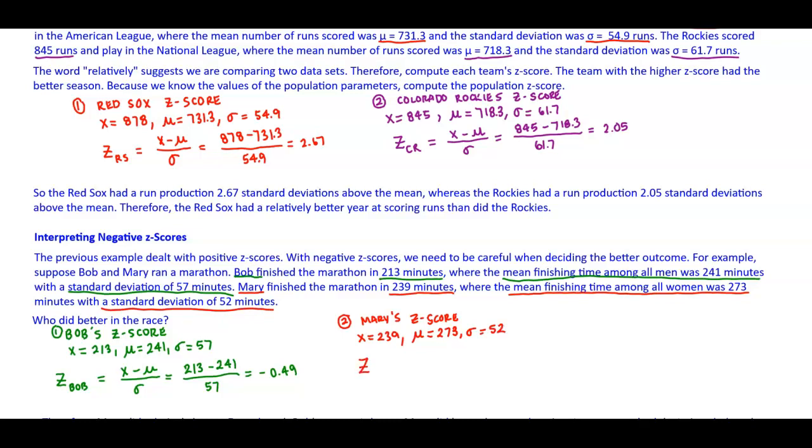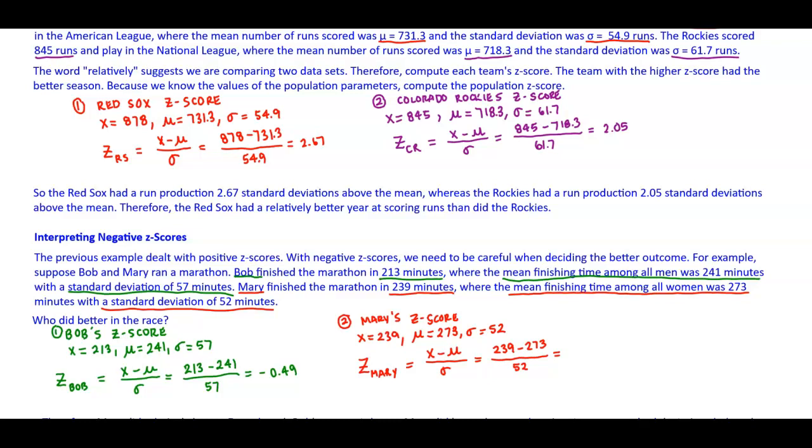So let's find the z-score for Mary. Again, we know the formula is the data value x minus the population mean over the population standard deviation. So we know her score was 239. We're going to subtract the mean of 273, and then we're going to divide that by the population standard deviation of 52.